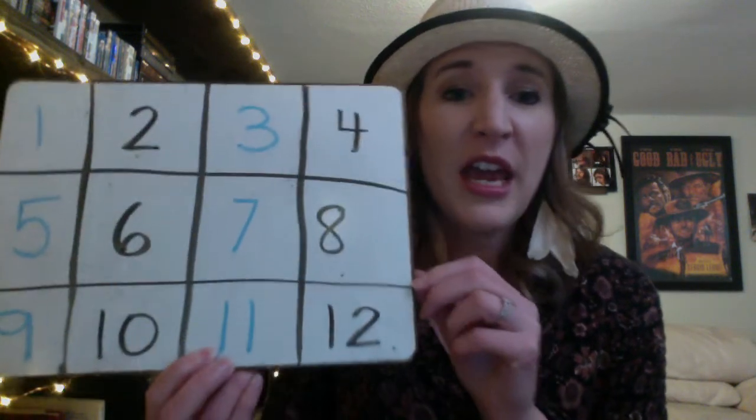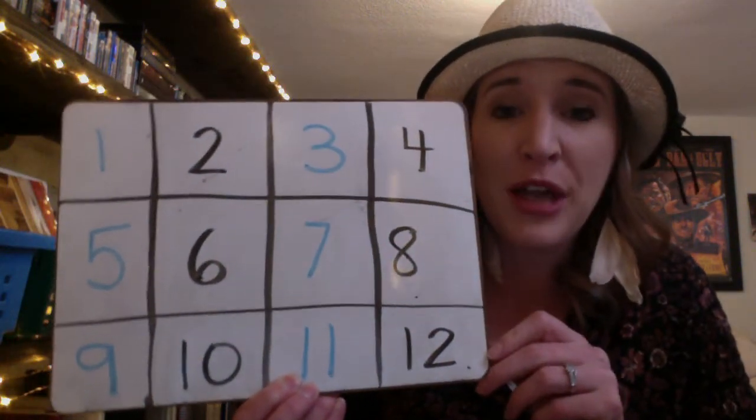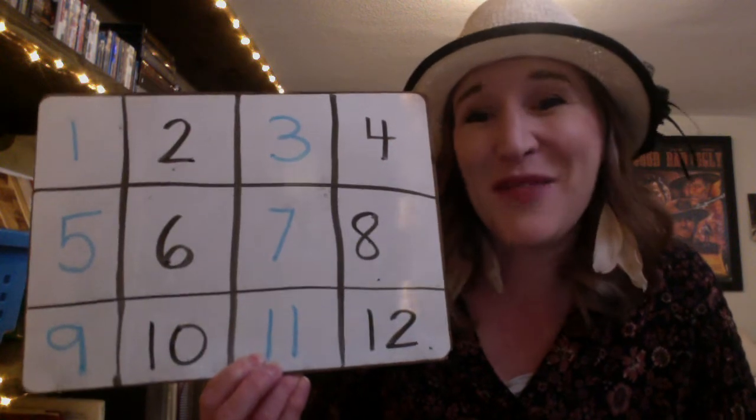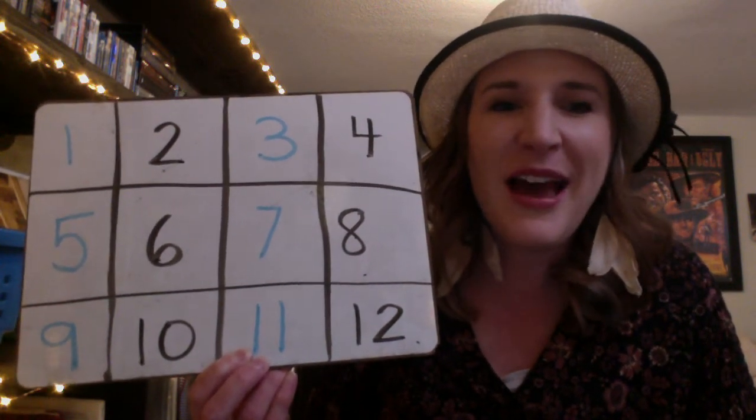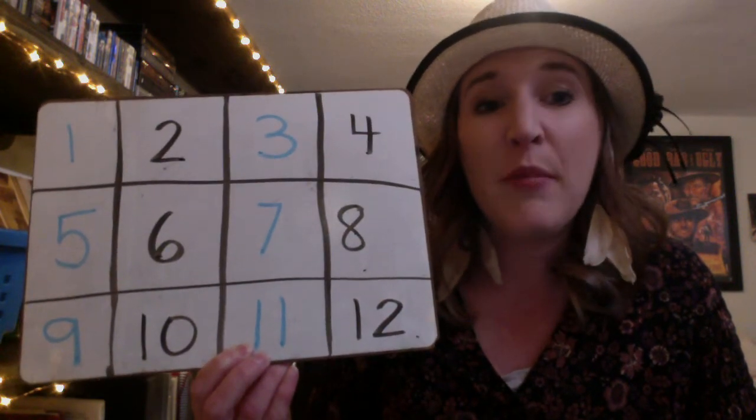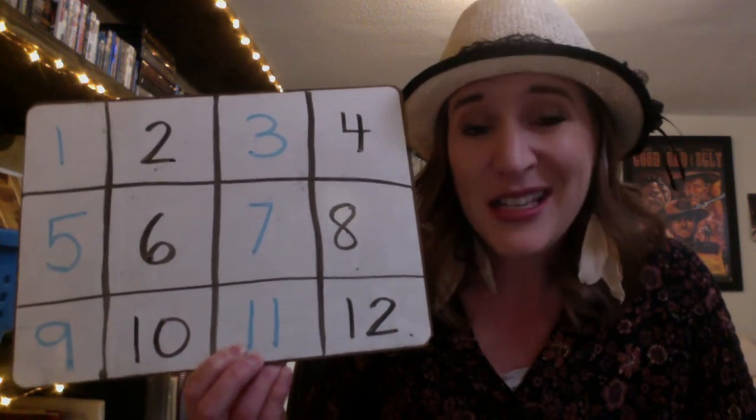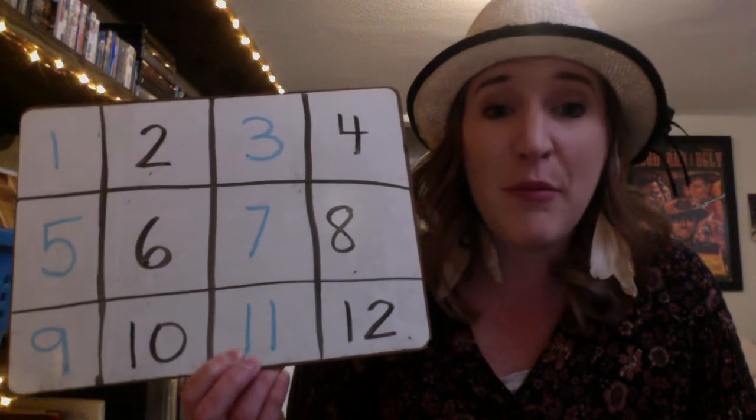Awesome job. So now I want to show you what it looks like if we were to count by twos and to look at a small number line here. Since I didn't have our big hundreds chart, I just made one from home. As you can see, I actually wrote the numbers in different colors to help you out.